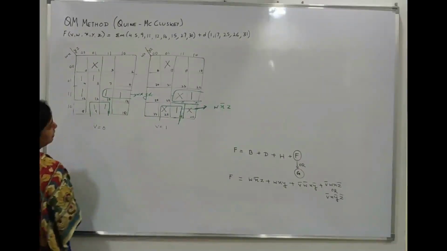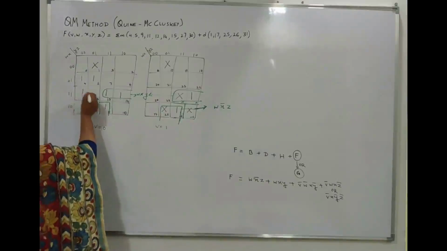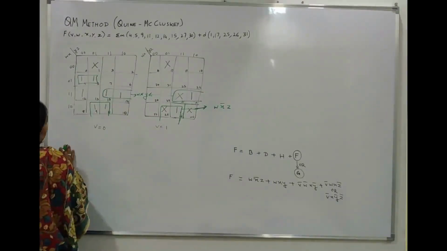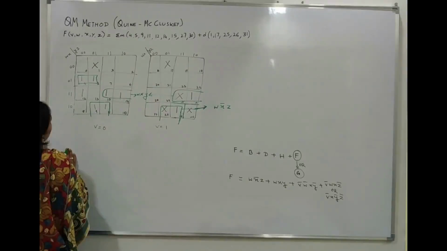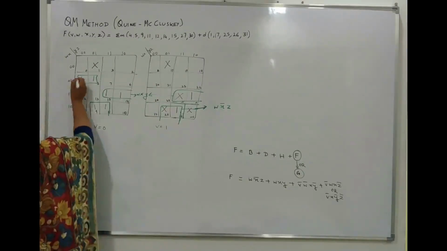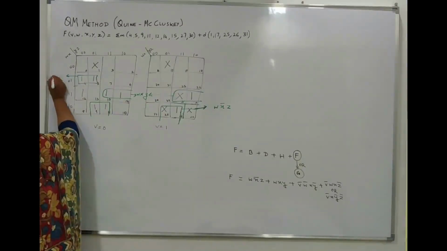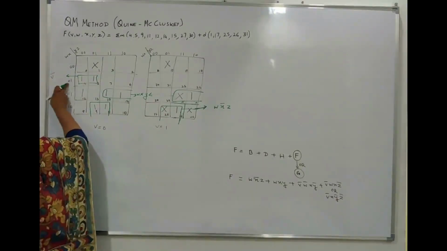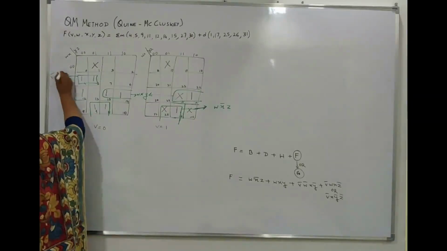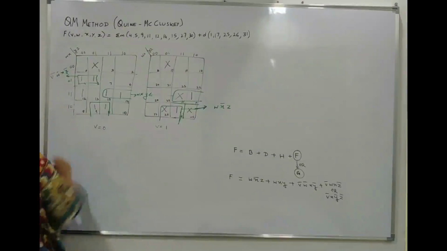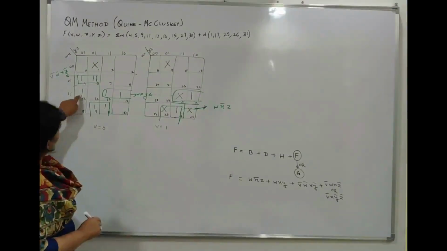अब इसमें कौन सी मिड टर्म रहेगी? We'll make one this. So what will this give to me? We'll have V bar, W bar, X and Y bar. And there is only one minterm left.